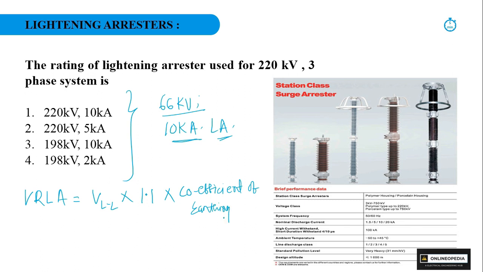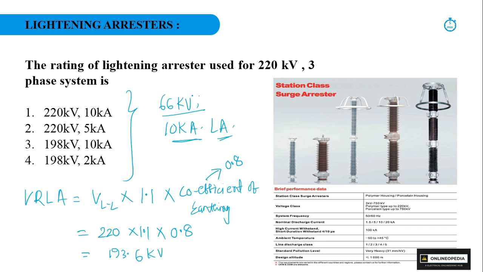Generally the coefficient of earthing is taken as 0.8. In our case, the line voltage is 220 kilovolt into 1.1 into 0.8, which gives 193.6 kilovolt.